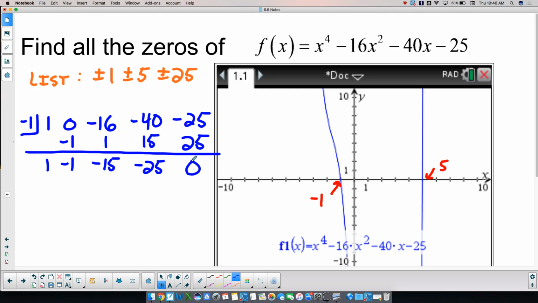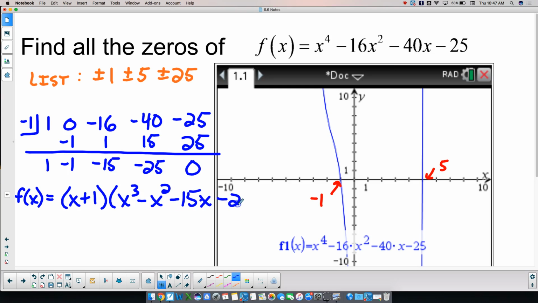So f of x from this point is x plus 1 times x cubed minus x squared minus 15x minus 25.